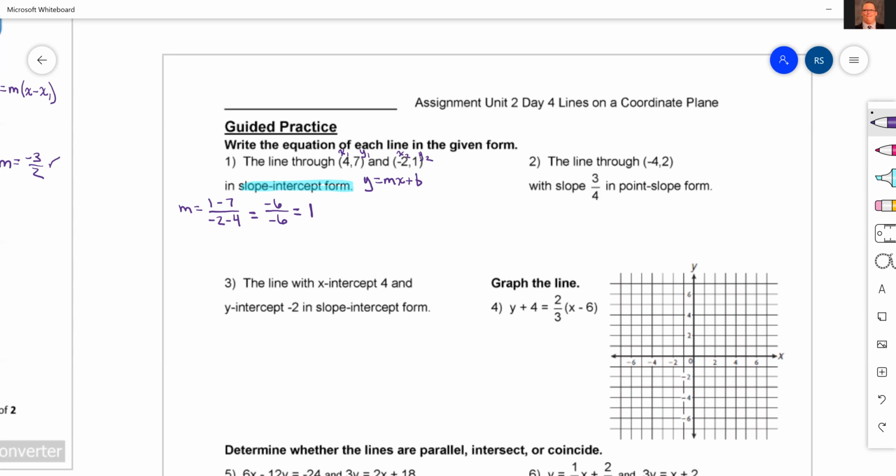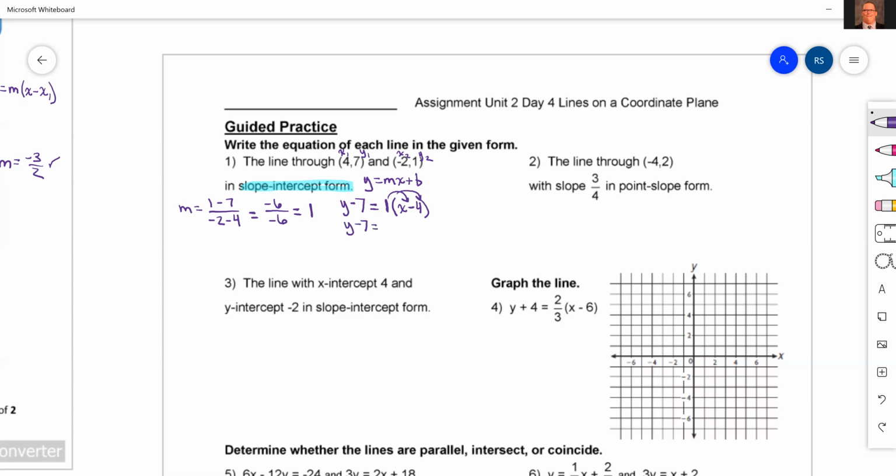So let's set this up in point slope form. y minus y1, which is 7, equals our slope, 1, times x minus x1, which is 4. Now solve for y. We've got to distribute this 1, which really doesn't change anything.